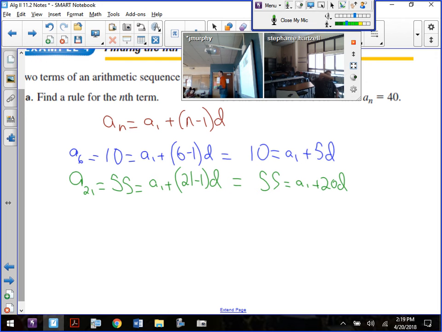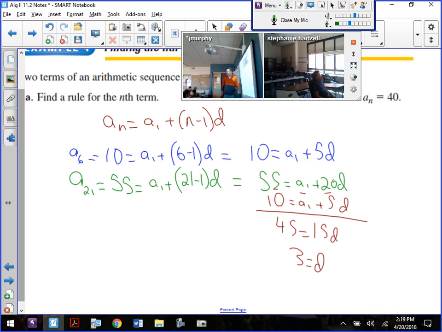What I can do here is use elimination to get rid of the first term, just by subtracting the first equation from the second equation. You guys remember doing that vaguely? Okay. If I subtract all these parts out, I get 45 is 15d, which gives me a common difference of 3.